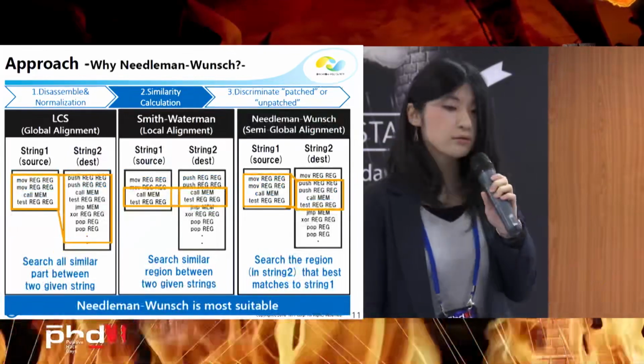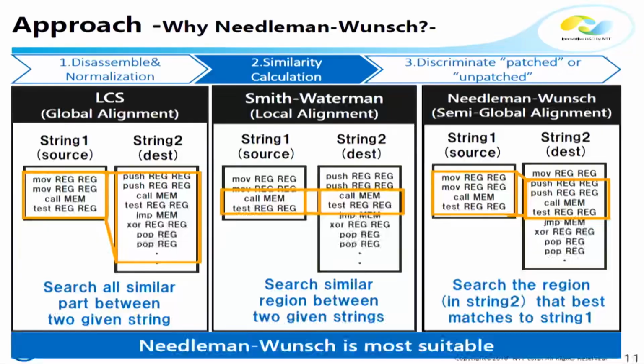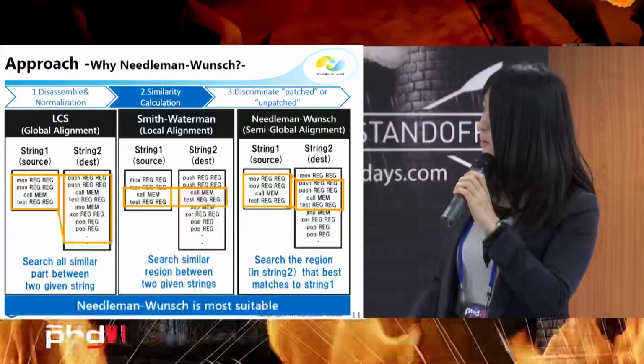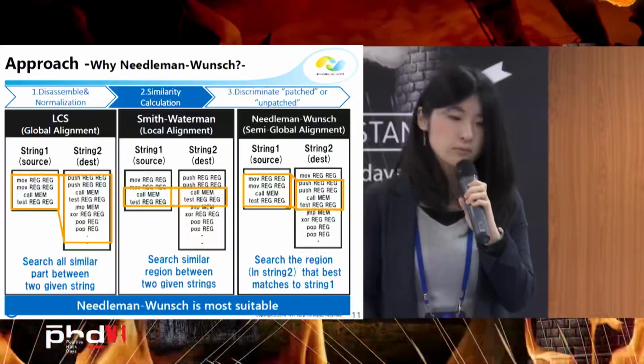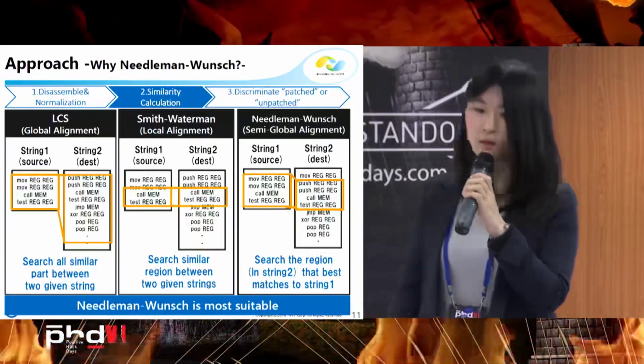So next, I want to talk about why I chose the Needleman-Wunsch algorithm. In the bioinformatics field, there are a lot of similar string search algorithms, especially LCS and Smith-Waterman. LCS is an algorithm that searches all similar parts between two given strings, which is also called a global alignment algorithm.